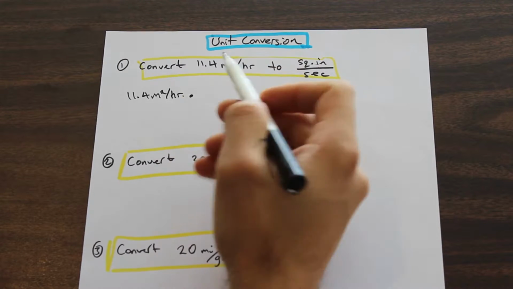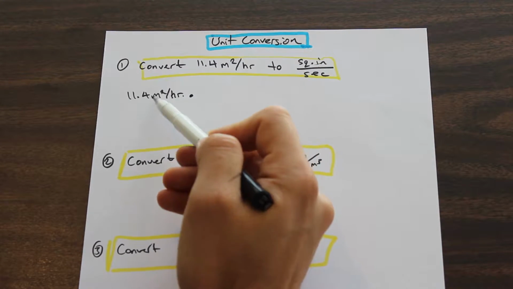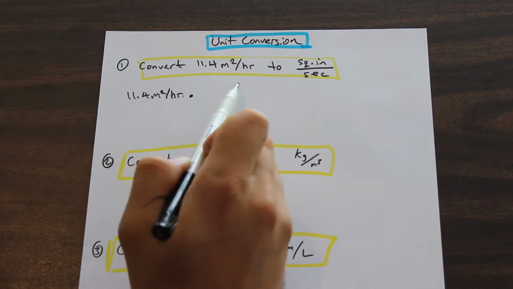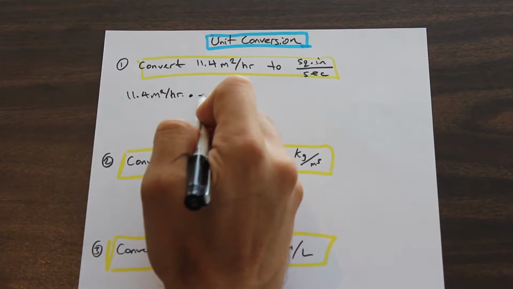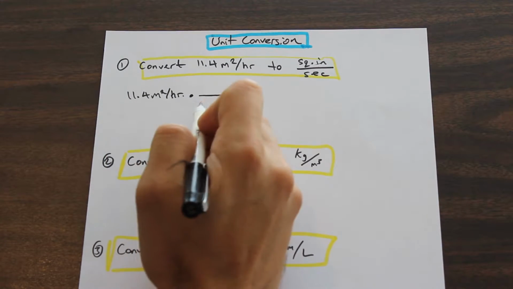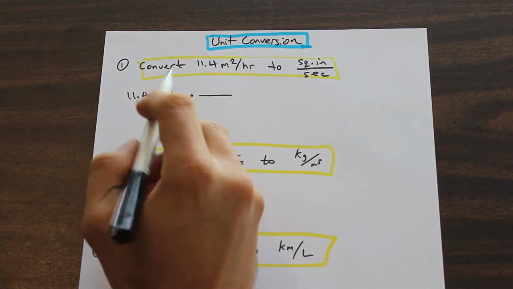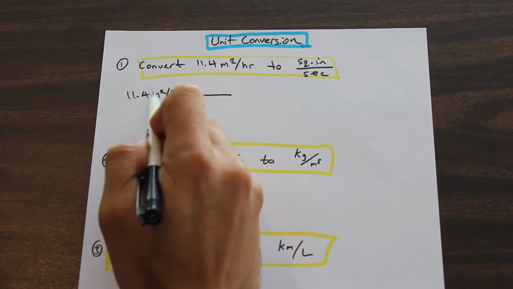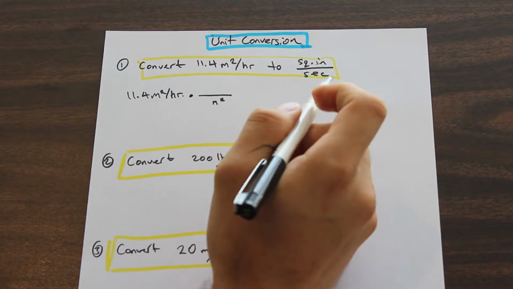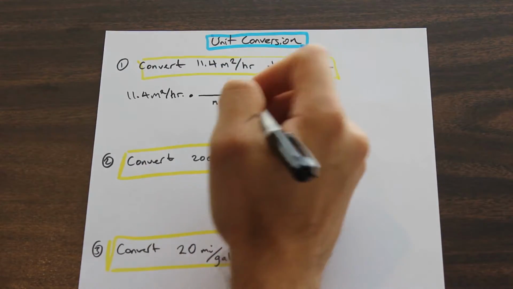As you can see, we have meters in the numerator and hours in the denominator. Whenever we want to cancel a unit or convert it into something else, we put the unit that we want to cancel on the other side of the fraction and multiply. So if we have meters squared in the numerator, right away we put meters squared on the bottom, and we're going to convert to feet here.